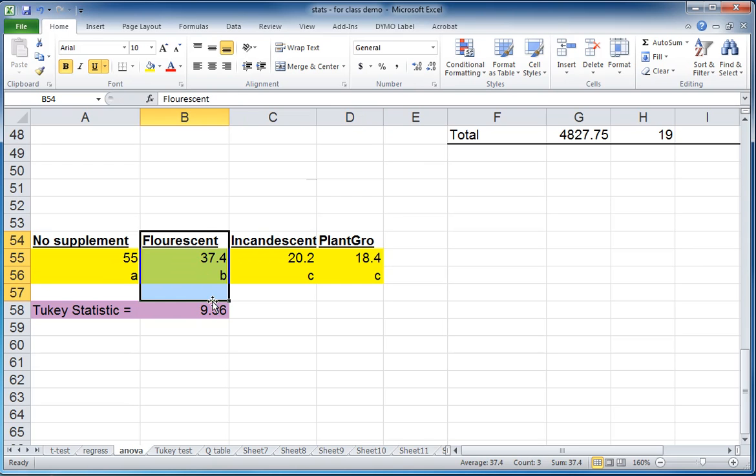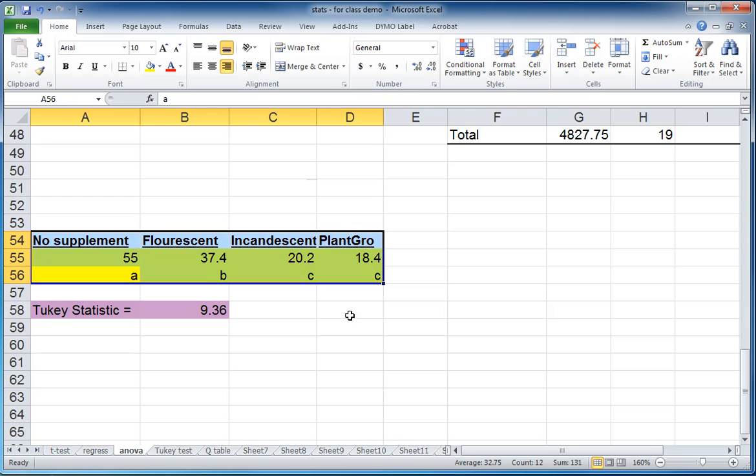So it's in a class by itself, in the middle. And again, 20 minus 18 is only about 2, and that doesn't cut the mustard here for the Tukey. So those are in a class by themselves. So we've gone through all the different permutations that we can, and we find these classifications, and we would conclude that these two are among the best.